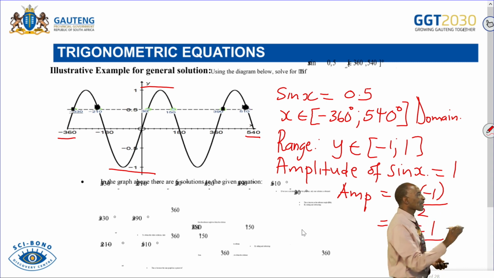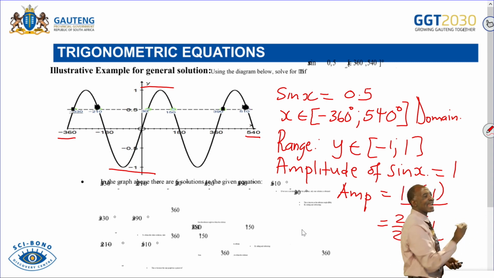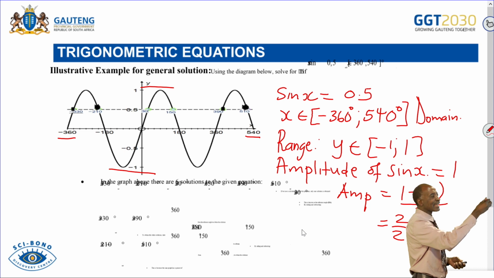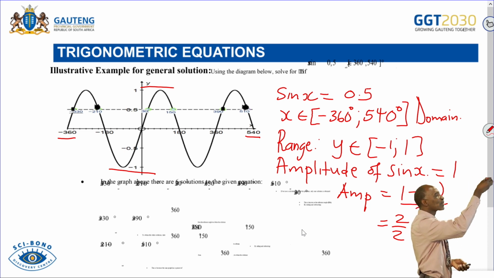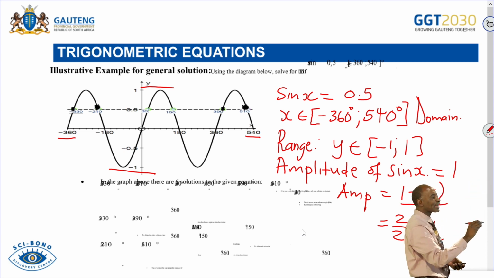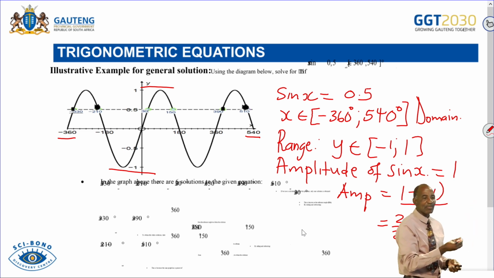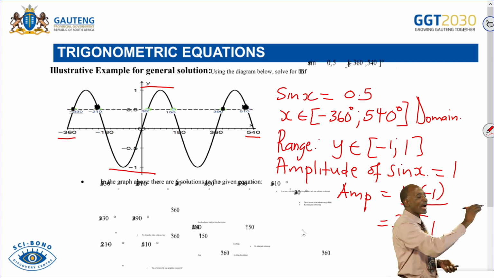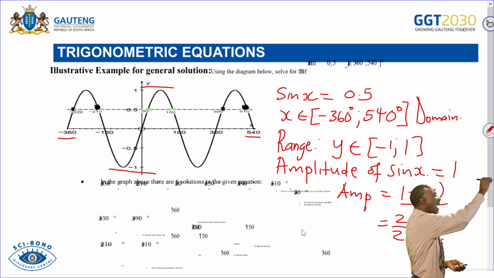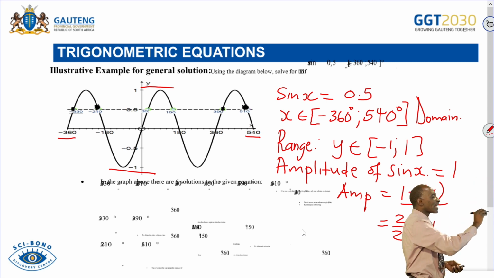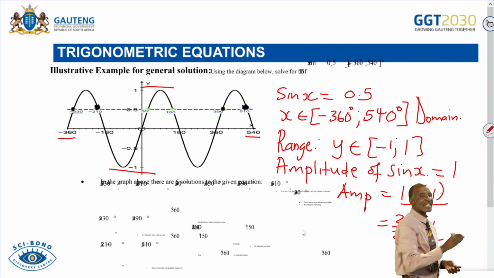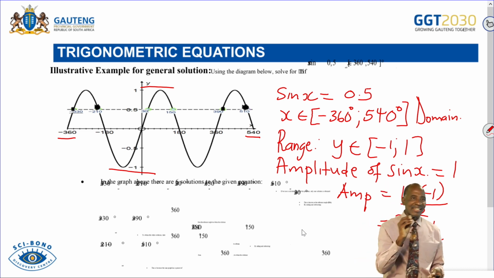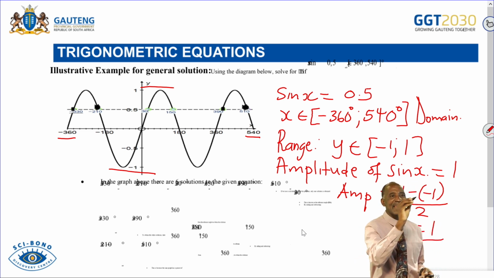So it means our reference line is the x-axis. Our graph gets displaced to the top values of y and to the bottom values of y as it oscillates between -1 and 1. Our graph is going to move up and down between -1 and 1. So we say our sine wave oscillates between -1 and 1.